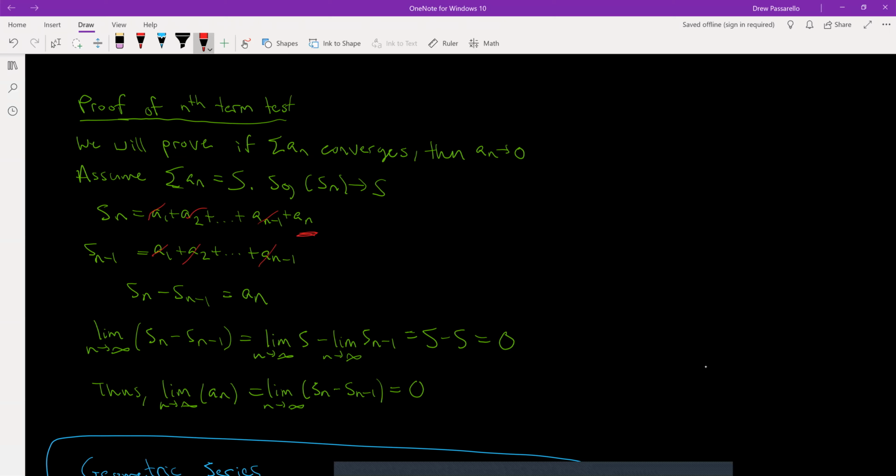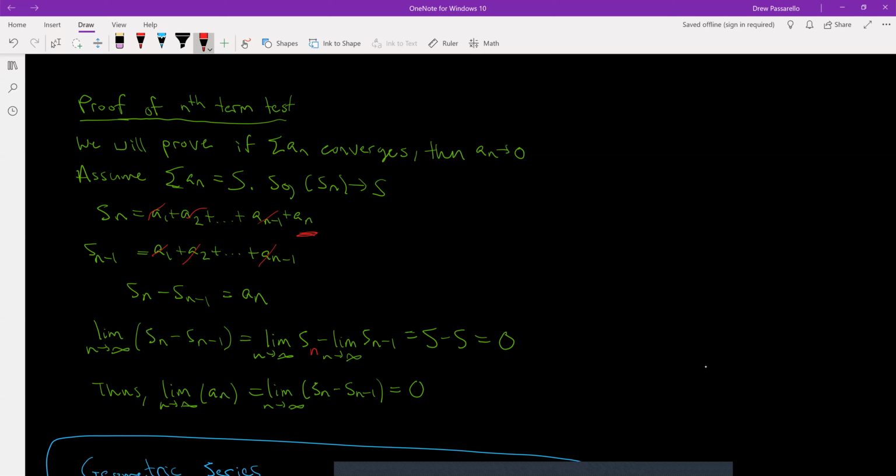Okay, so we know the sequence of nth partial sums converges. So if we take the limit of S_(n-1), we can break that up. It's the limit of each one, and the limit of each one is S, since we know S_n converges to S. So we have S minus S, which is 0.